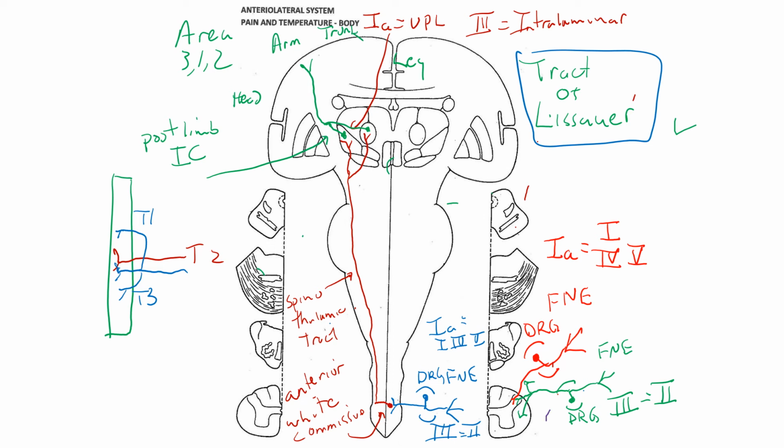The second order neuron then is going to begin where the first order neuron ended. It also is going to cross in the anterior white commissure. It is going to ascend with the spinothalamic tract, where it will end in the periaqueductal gray. And that is the spinotectal tract.